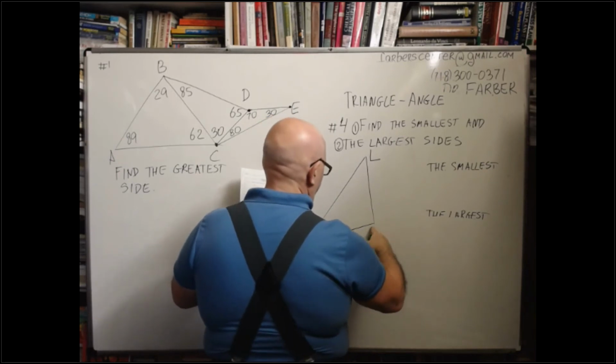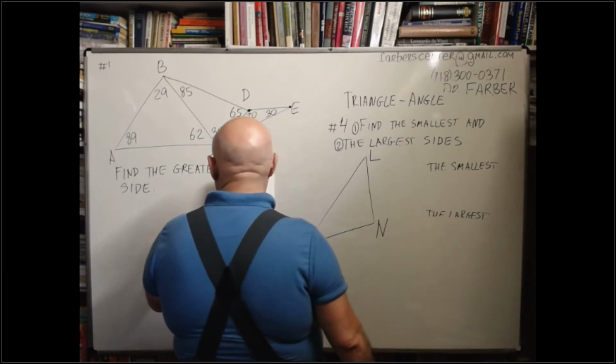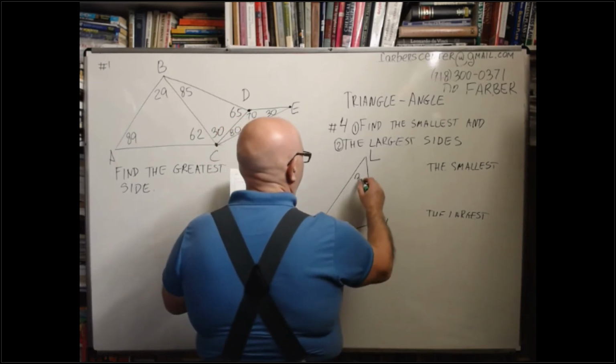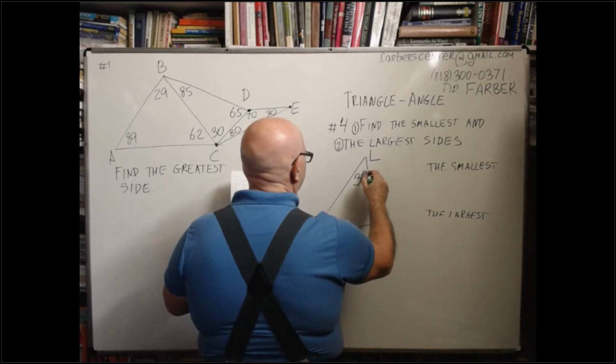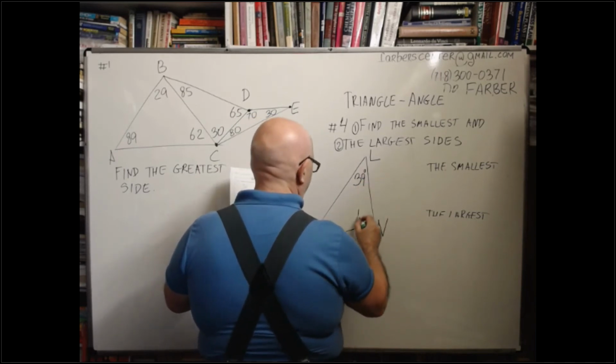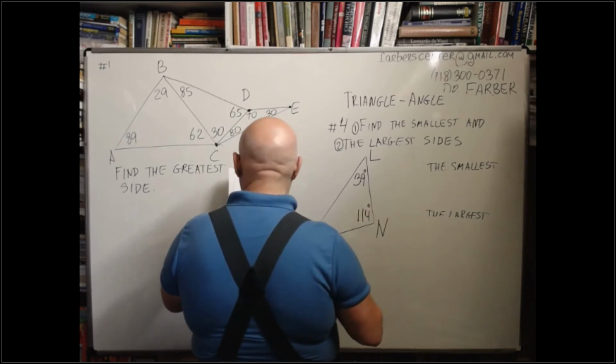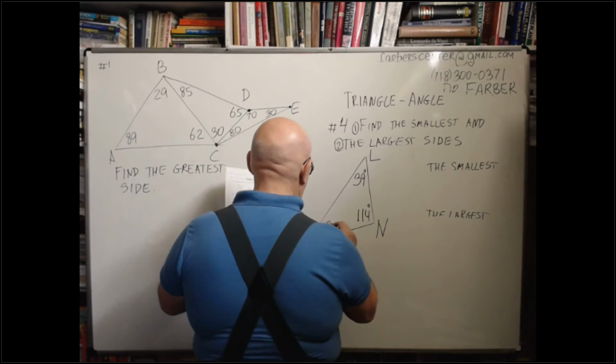N as in Nicole. And you have angles given: 39 degrees, 114 degrees, and 27 degrees.